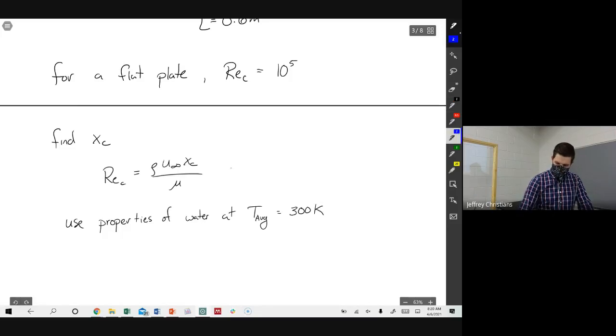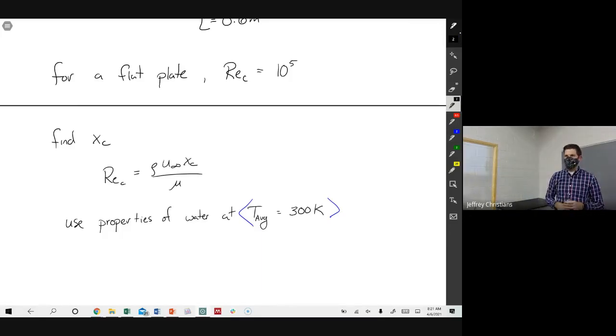Like I said, we're going to use the properties at T average. For these relatively simple hand calculations, it will give us a good idea of how this works.